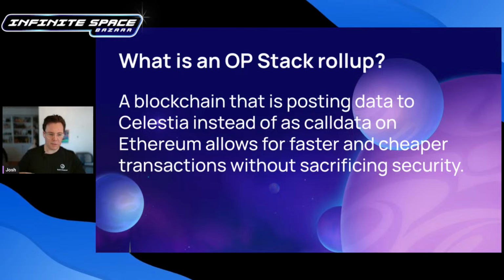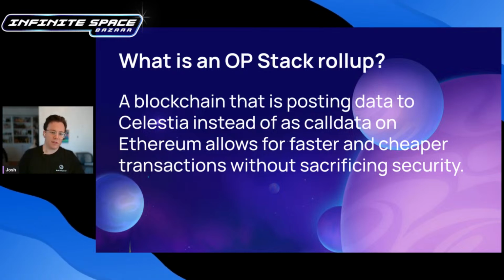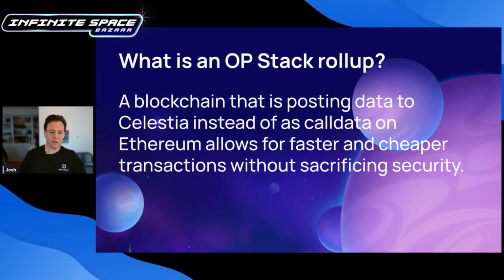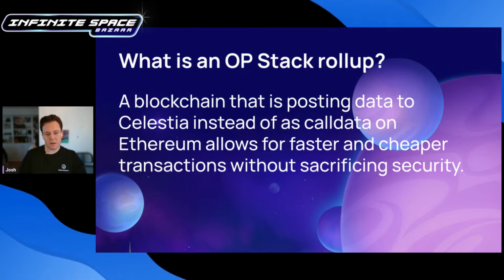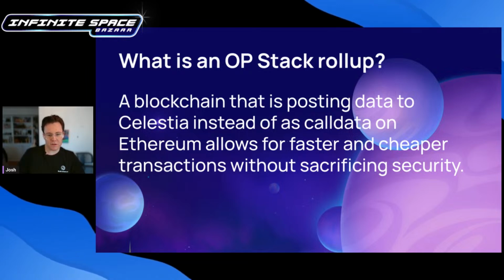Then OP node reads it back. But in this case, Celestia is the place where we're sending the OP batcher commitments, and OP node is reading those from Celestia instead of Ethereum. And really, it just makes it faster and cheaper for the users without sacrificing security.